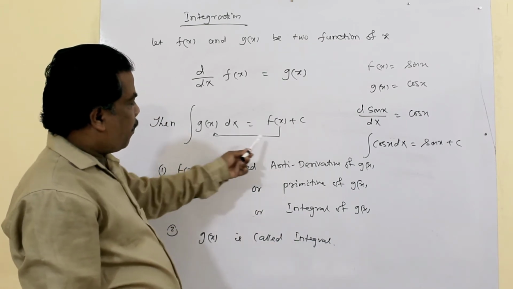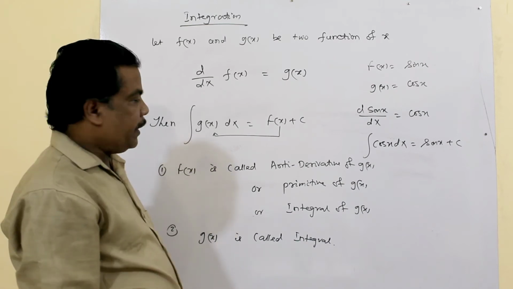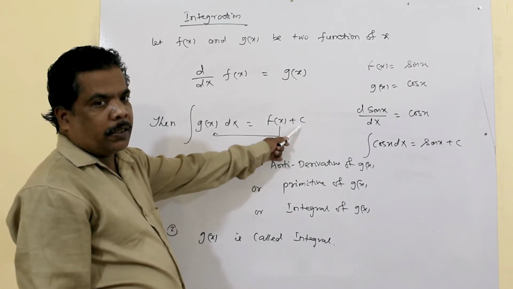The method to obtain the integral is called integration, and C is called the integrating constant.